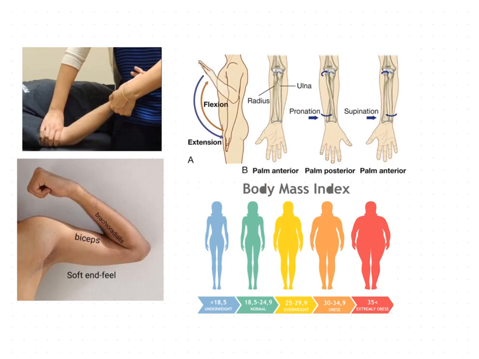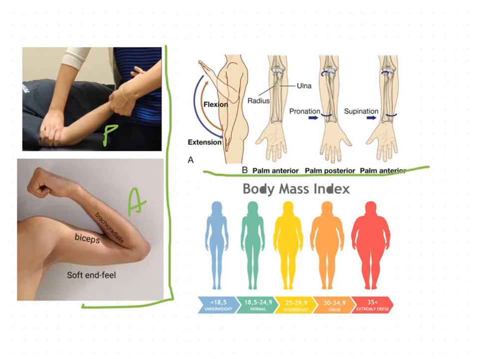Okay, there are a number of factors that determine the amount of motion that is available at the elbow joint. The factors include the type of motion, whether it is passive motion or active, and the position of the forearm relative to pronation and supination.